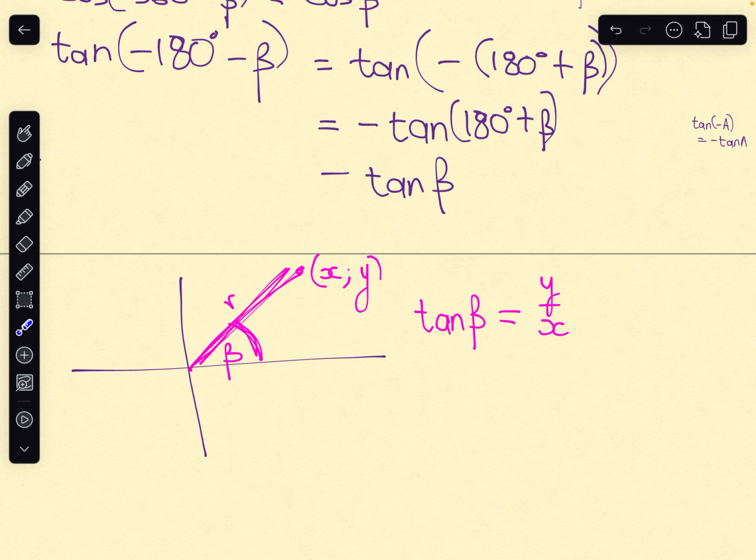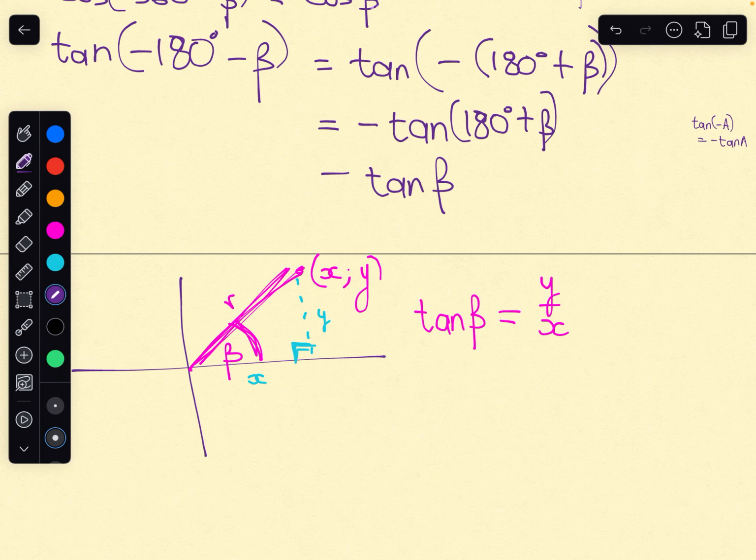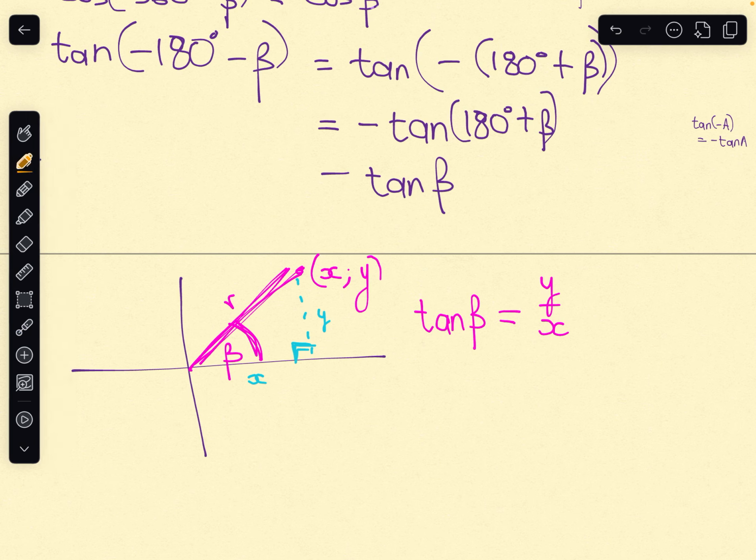What we then proceeded to discover is that if I look at this as a triangle whose one side is y units and the other one is x units, and I reflect this triangle in the y-axis, I then end up with this triangle.